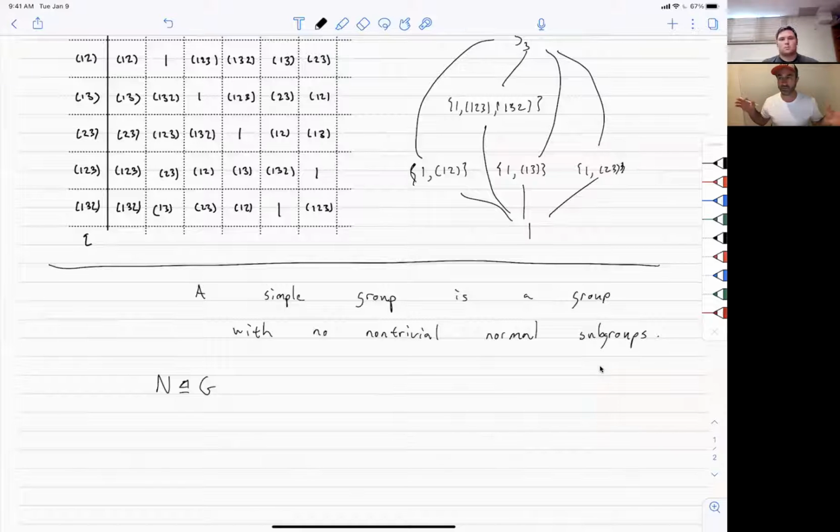I know every single group that exists up to order 100. And G is order 1,000, but N is order, let's say, 50. So N is order 50, G is order 1,000, and I know everything up to order 100.